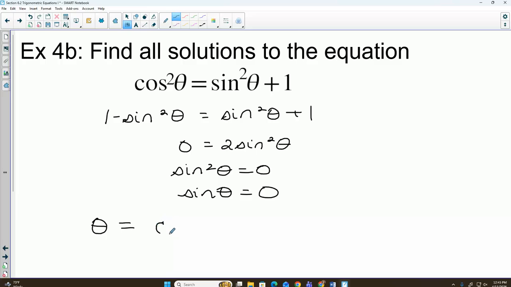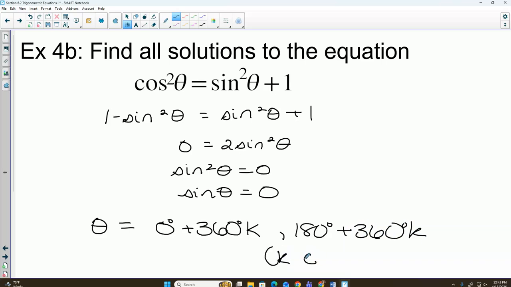And because I said all solutions, each of those gets the plus 360k, where k is an integer. And you do have to tell me on every problem that k is an integer, even though that's slightly annoying. Any questions on that one?